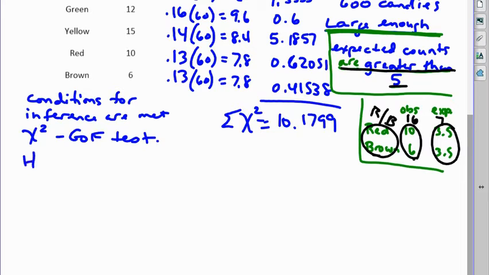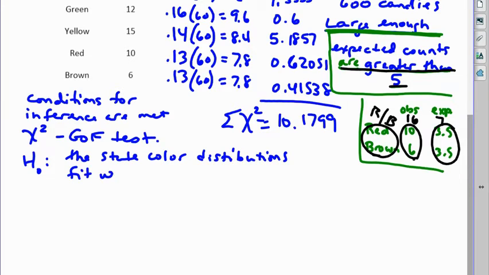My null hypothesis: the stated color distributions fit what Mars Candy said.